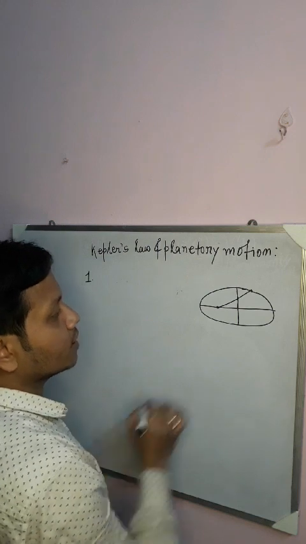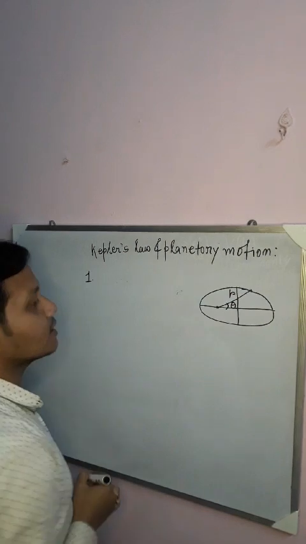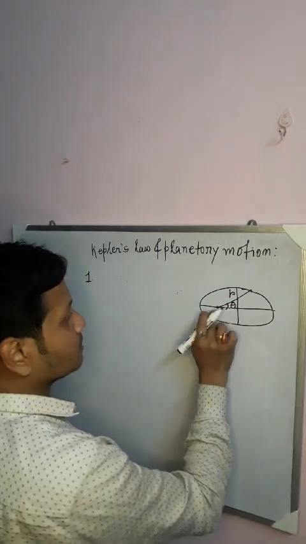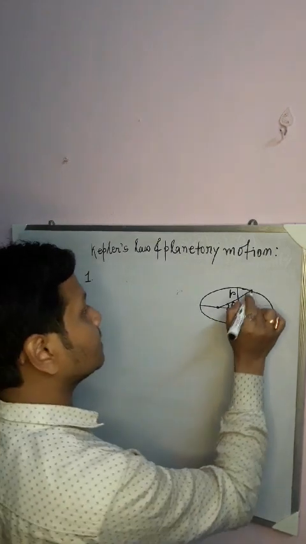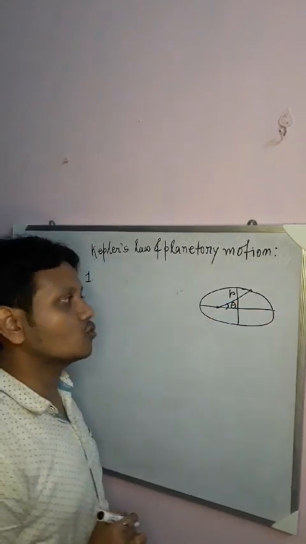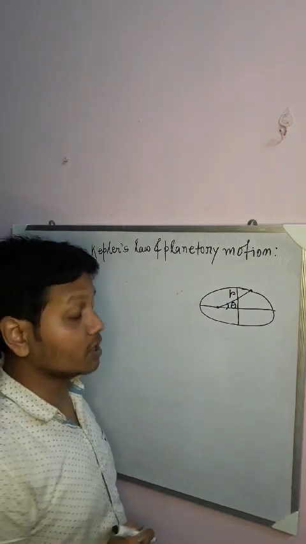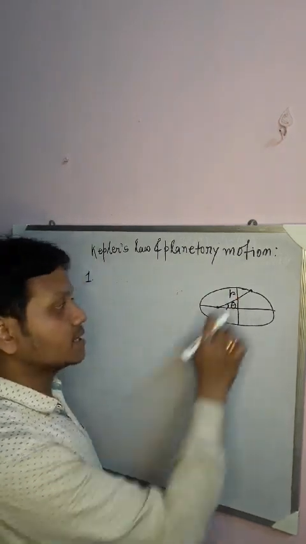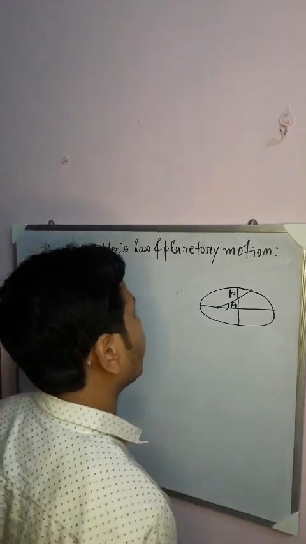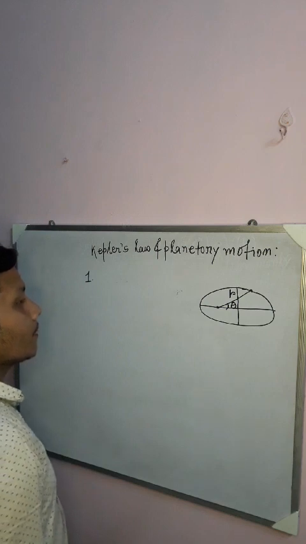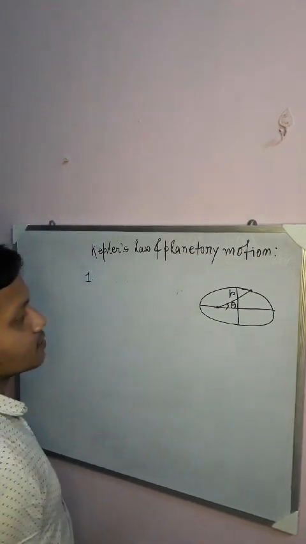So there are two coordinates: this is the azimuthal angle theta and this is the radial distance r. At any instant the planet is here, so the motion will be described by two coordinates, a radial distance r and the azimuthal angle theta. So this is the first law.